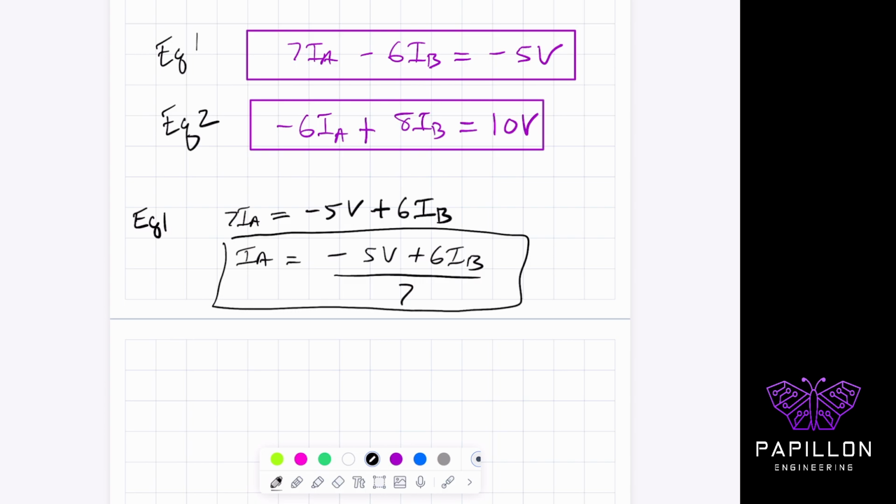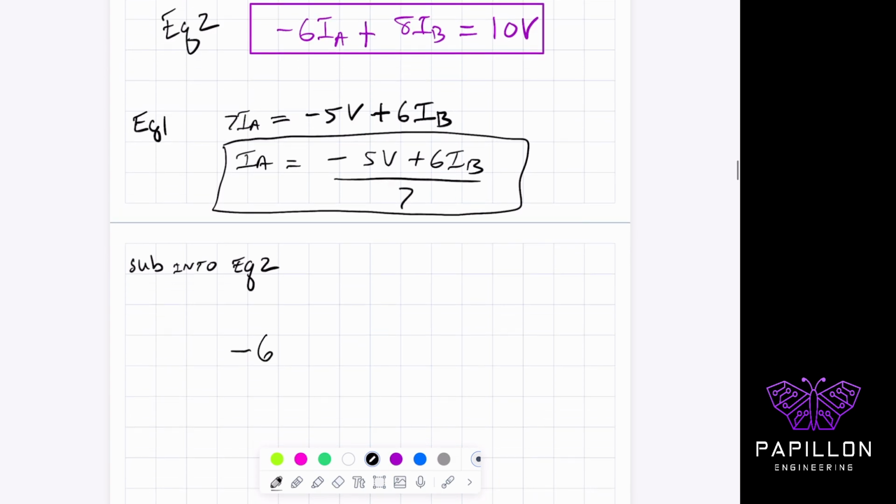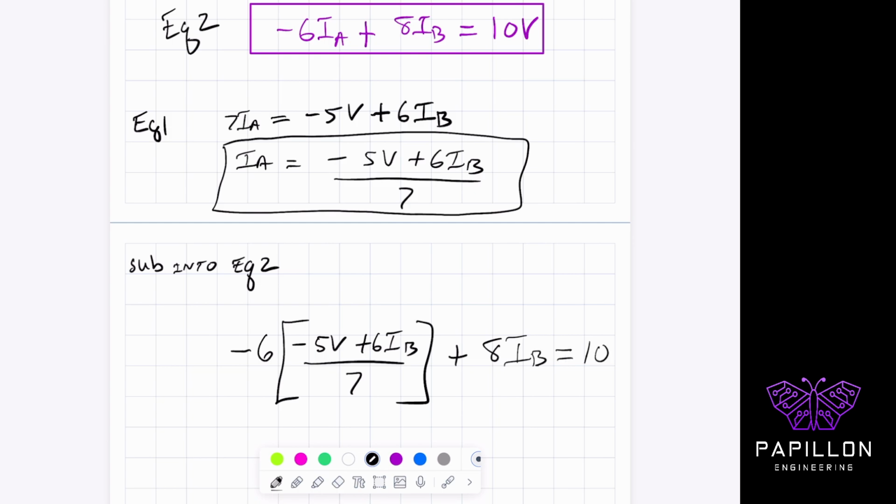I take my one unknown from equation 1 and sub it into EQ2, equation 2. Any place I have an IA, I'm going to substitute it with this. So I take equation 2, which has -6 and an IA term, and I put here -5 volts plus 6IB over 7, plus 8IB equals 10 volts.